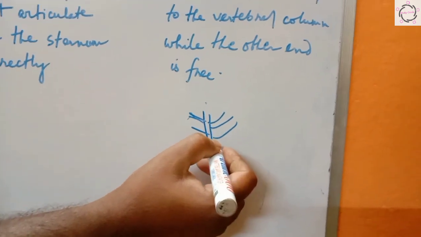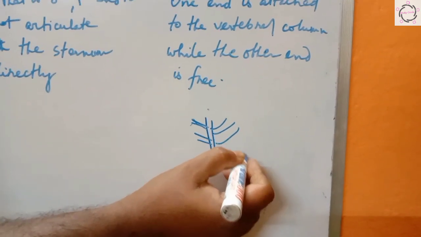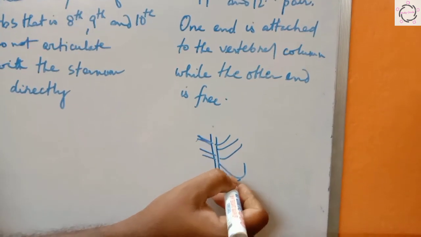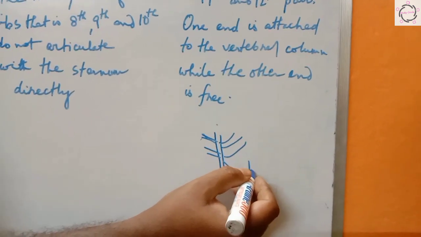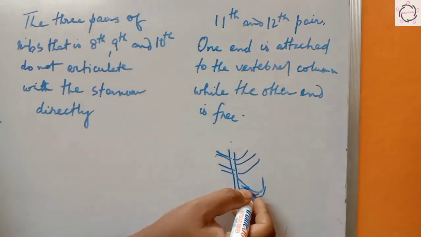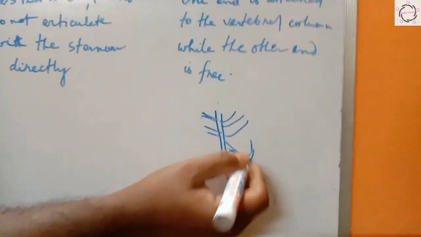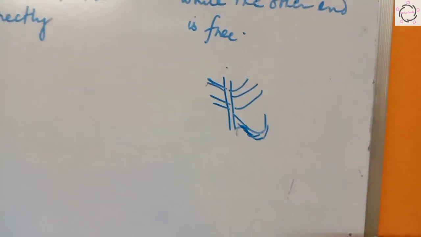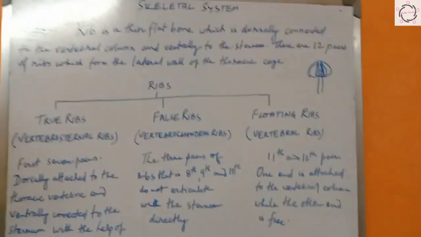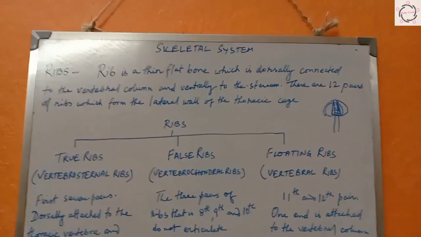Going downwards you will see these floating ribs. There is no attachment with the sternum, but they are attached to the backbone. So these are called floating ribs. That is the discussion on ribs. Next I will talk about another topic.